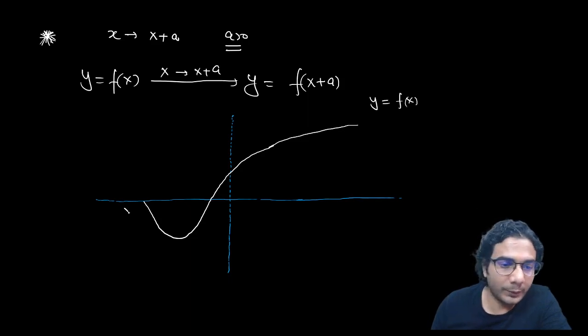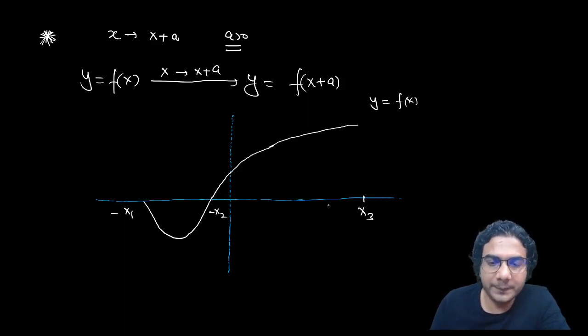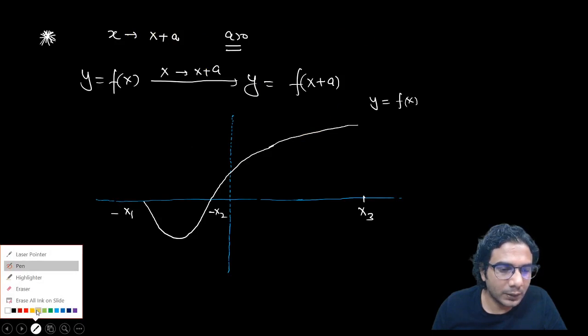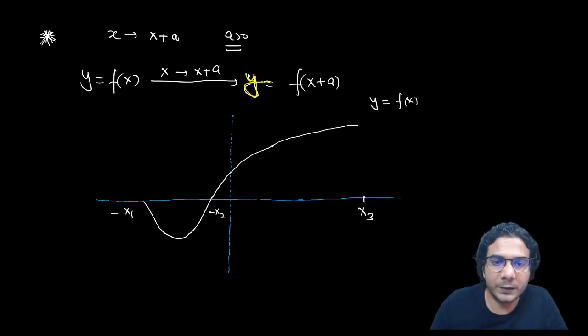Let me plot the points also. This was minus x1, minus x2 if required, this plus x3. So this is our base graph. Now let's plot this transformed graph, y is equal to f of x plus a.